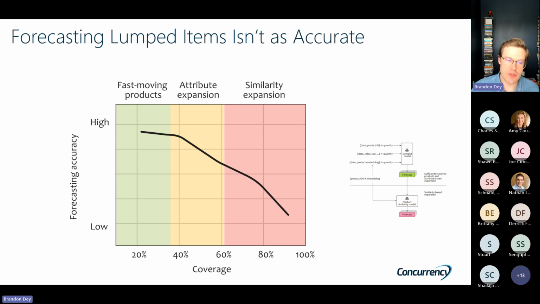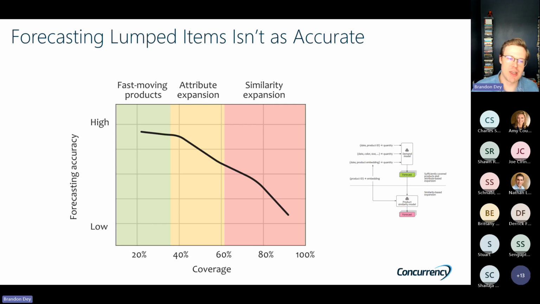So if you are only forecasting for a narrow subset of your product catalog, those are presumably going to be the smooth items, and those are pretty easy to forecast for, right? They're fast moving products. As you expand coverage by doing that like to like thing I talked about, well, you expand coverage, sure, but your forecast accuracy is going to be a little bit less than the smooth group. And then once you do similarity expansion, it's a very similar idea.